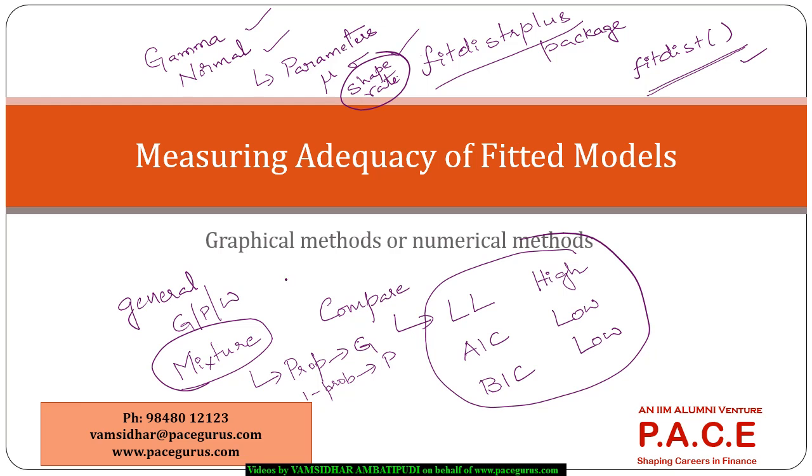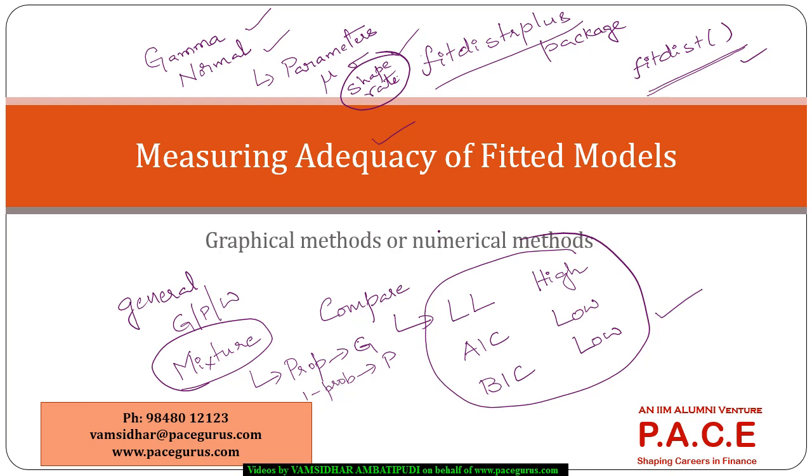Whatever is the model that we are fitting, we have to really assess which model is an appropriate fit to our data. So apart from these mechanisms of log likelihood, AIC and BIC, in this session we are going to look at various other methods through which we can measure which model is more adequate to this particular data set.